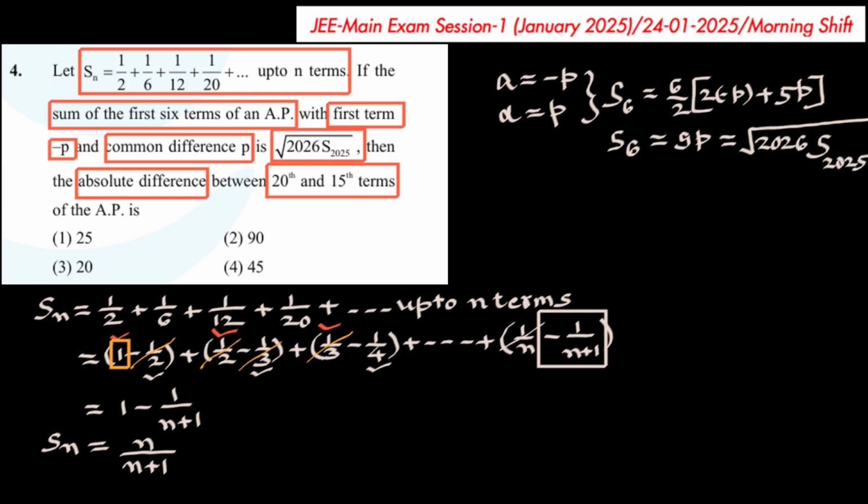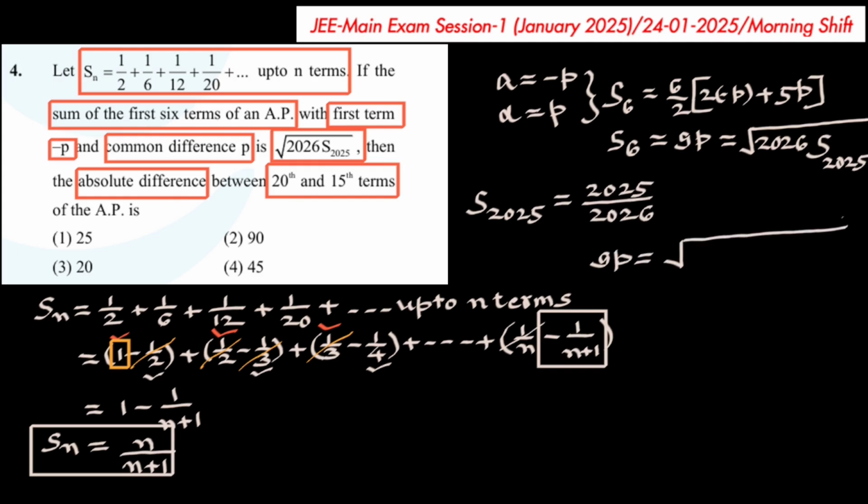Now from this relation, S2025 will be 2025 upon 2026. So 9p will be square root 2026 into 2025 upon 2026, which equals square root of 2025, 45. That gives p equals 5.